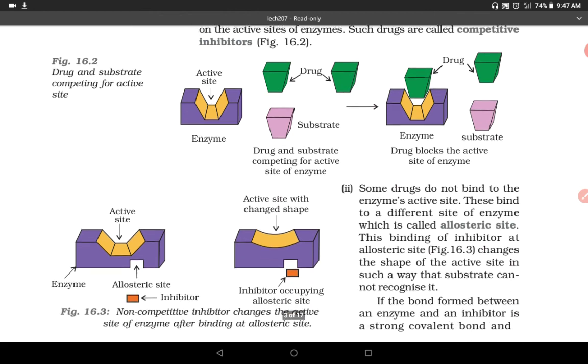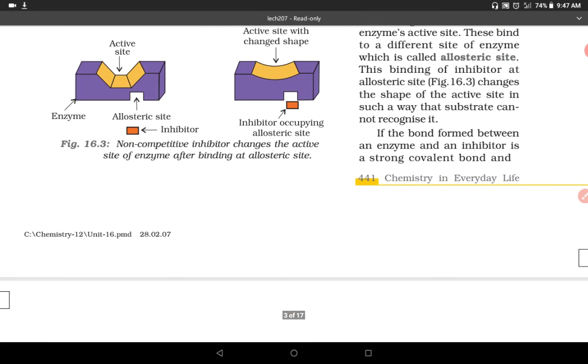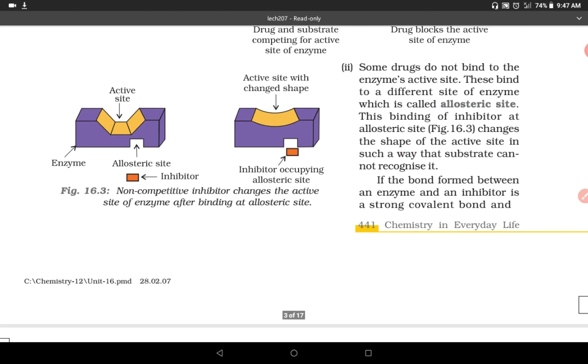Then it is called a competitive inhibitor. The next is fitting into the allosteric site by a drug and changing the shape of the active site of the enzyme, so that it is no longer good for the substrate to fit on that active site. Then it is said to be an allosteric inhibitor. The shape of the active site changes in such a way that the substrate cannot recognize it.